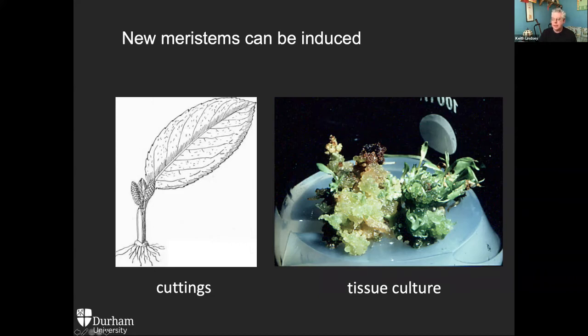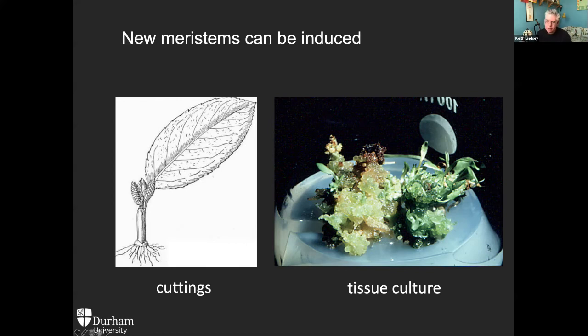They'll form new meristems, either shoot meristems or root meristems. And this is a technique that's really quite valuable for understanding the molecular mechanisms that underpin the formation of meristems, but also has practical applications, which I'll talk about a little bit later on.